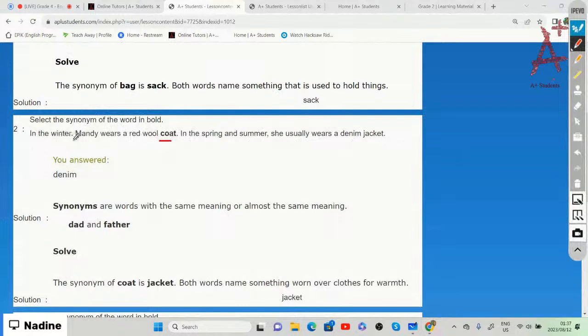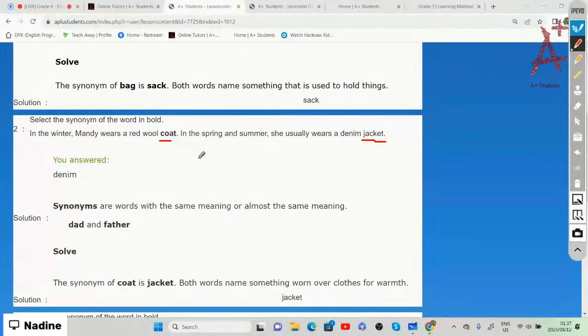So in the winter, Mandy wears a red wool coat, and in the spring and summer, she usually wears a denim jacket. So we need to find a word that is a synonym of coat within our sentences. So coat, we can say jacket, right?